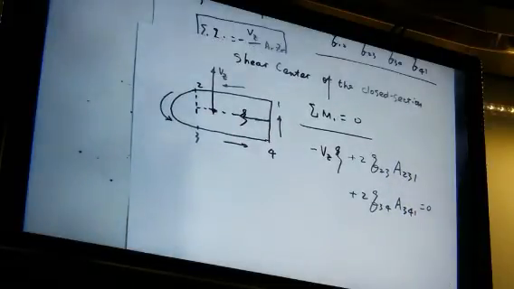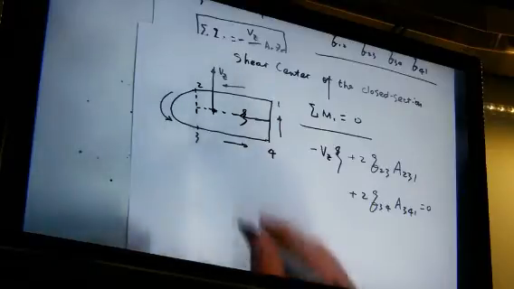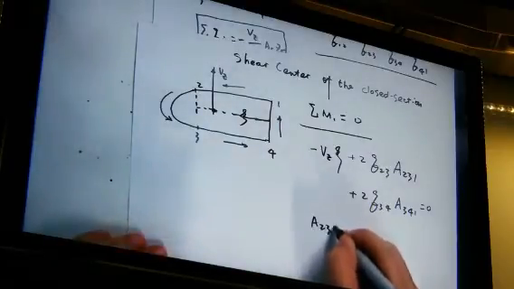The fourth term is the moment from the external force. The second and third terms are the shear flow contribution to the moment, about 1, 2, 3, and 3, 4.